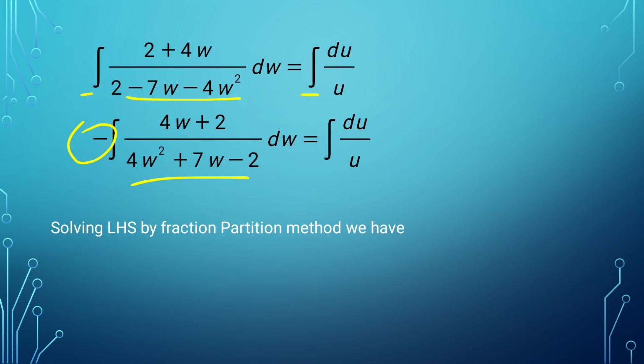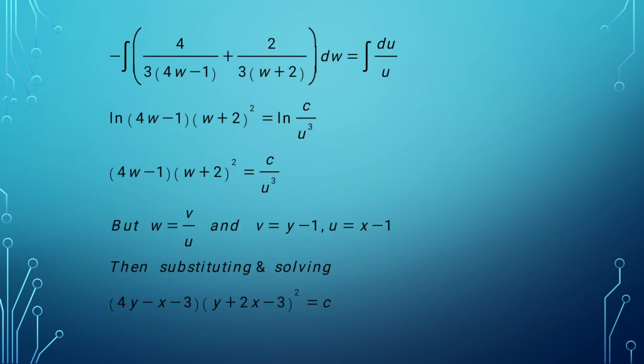If you rearrange this and factor out the negative sign, you get this, so it's nothing new. Now we can solve the right hand side. You can solve this side using the partial fraction method, and we have this. If you solve that, it breaks to that, we have that.